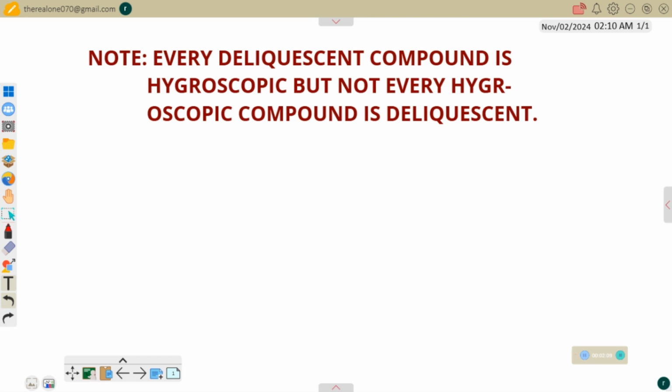But in addition to that property, a deliquescent compound can as well form a solution of the compound in the water attracted. But an ordinary hygroscopic compound cannot do that. And that is why this statement is very, very correct.